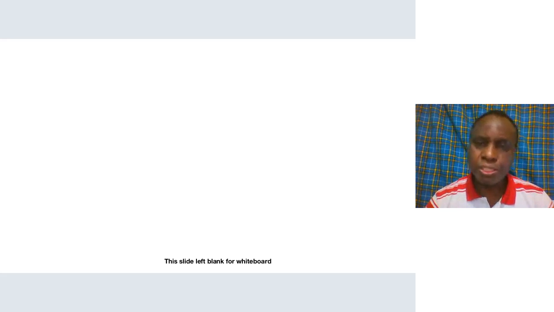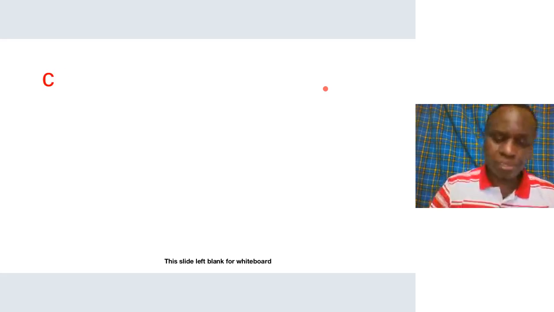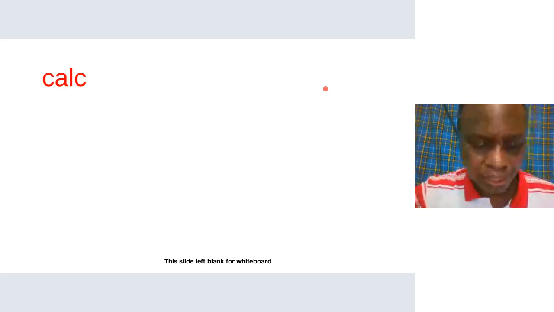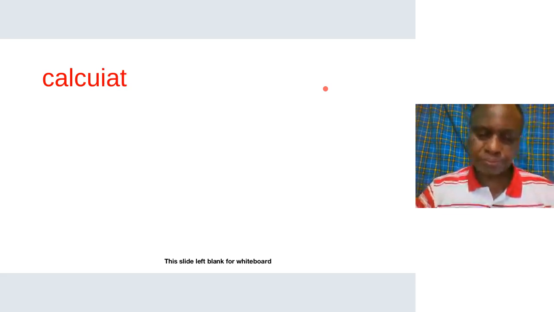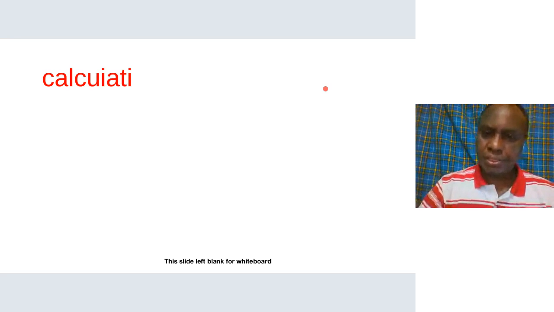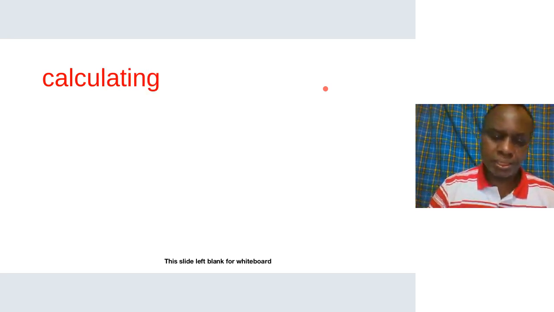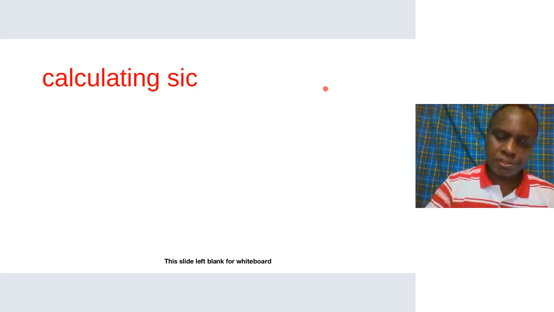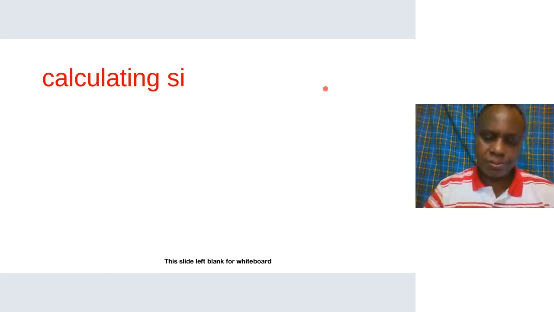So we're going to call it calculating the size of an image. So let me put a short sub heading here for this purpose. So this is calculating, sorry, I think I missed the calculate, size.